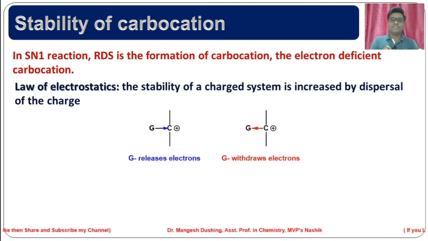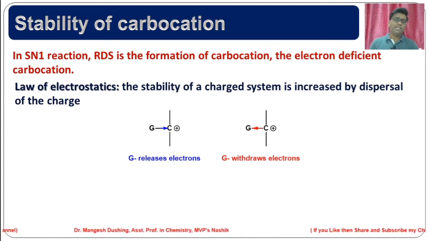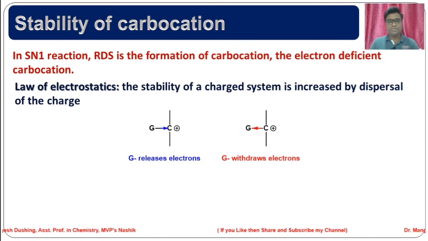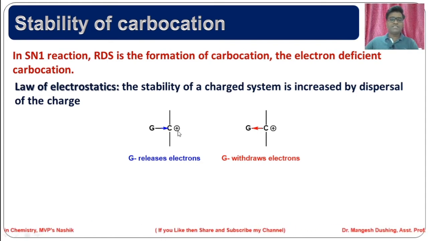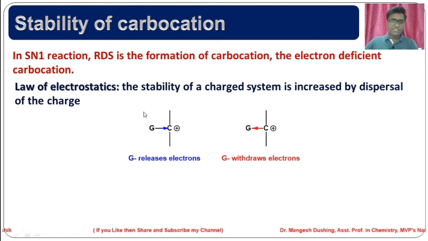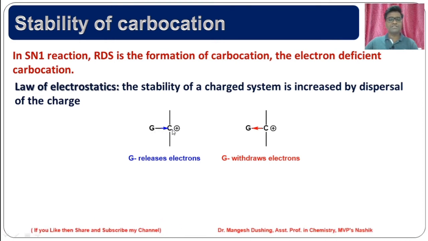For example, this is the carbocation, and G is any organic group attached to that carbocation. If G is an electron donating group, it may be plus I effect or plus R effect, then the carbocation will be more stable, because the positive charge is shifted towards the group also, because it donates electrons to stabilize this carbocation. So the charge will be dispersed all over the group.